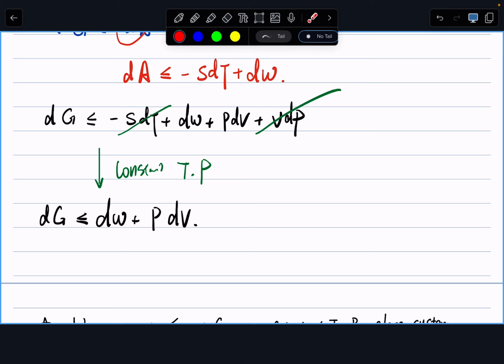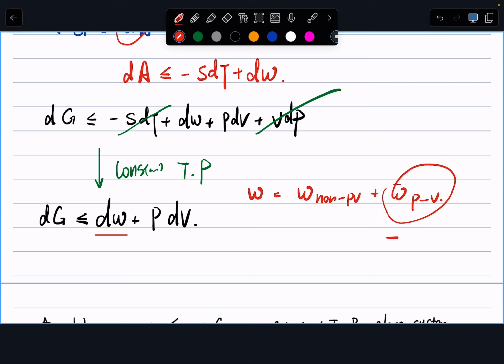What does it mean? If we think about the total work done on the system, that's what this dW means, the total amount of work done on the system, whatever form of work it is. You can separate it into total work equals work non-PV plus work PV. Now this work PV equals negative PdV.